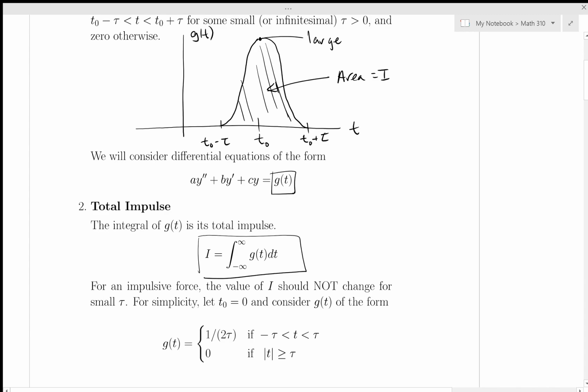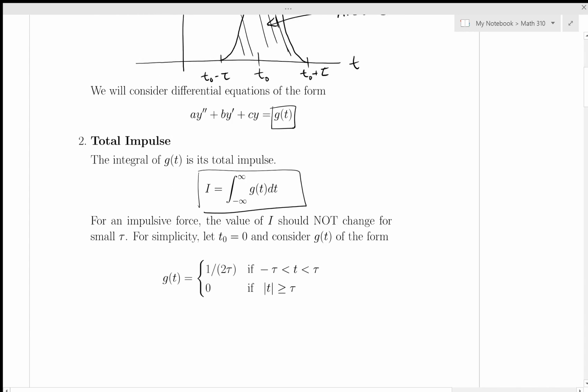So if I take tau and make it half the size that it was previously, the area will still remain the same. So in order to do that, we in fact set the function up like this.